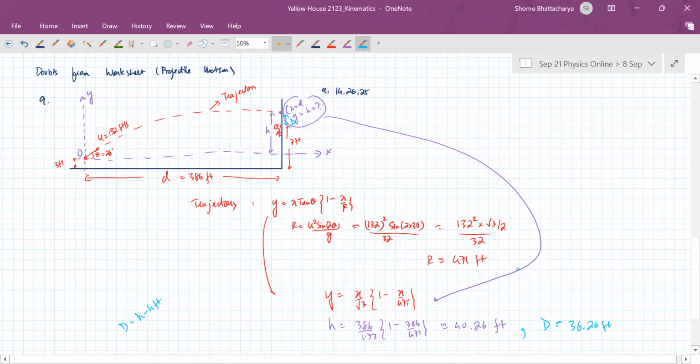We could also do a more accurate calculation. Okay, so a more accurate calculation will involve taking theta as 26 degrees. Okay. So that will be like this.